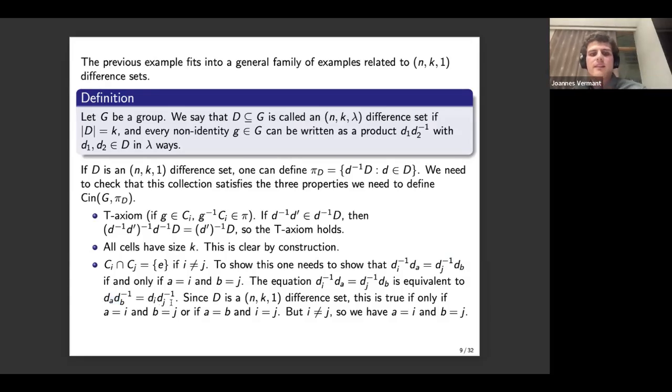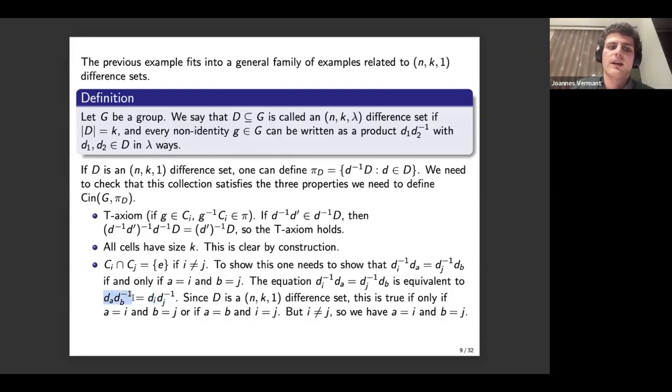And then we use the fact that D is a difference set. If this equation holds and both sides are equal to the identity, then we see that A has to be equal to B and I has to be equal to J. But we assume that I is not equal to J, so that cannot be the case.